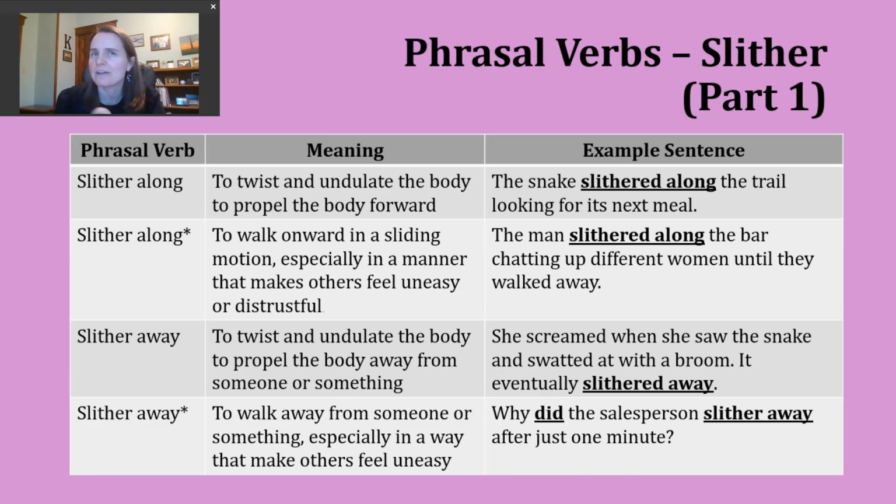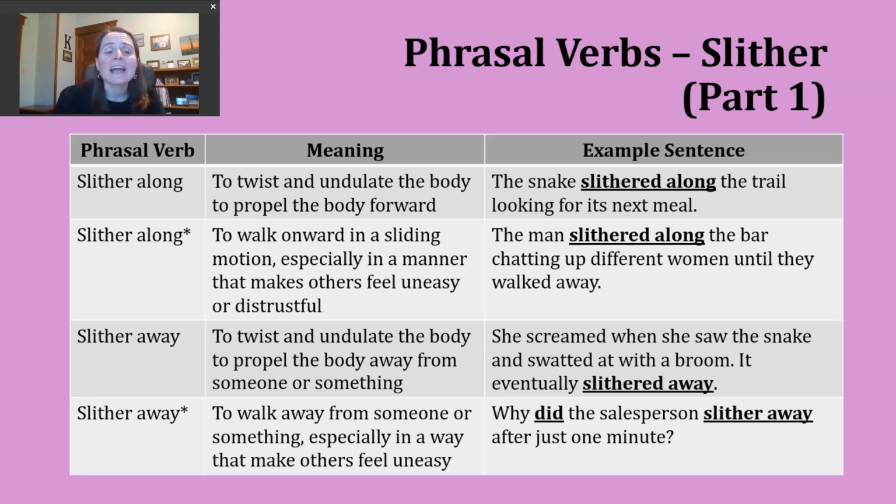So an example of how you might hear this used: the man slithered along the bar, chatting up different women until they walked away. So what this is describing is kind of a, you might say, sleazy, creepy, unpleasant person. And again, comparing him to a snake. So he's kind of sliding up, trying to chat someone up, they walk away. So he continues along this area.